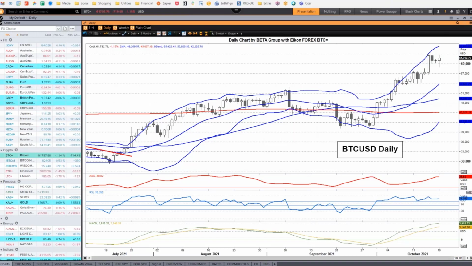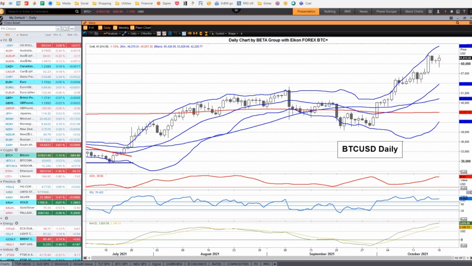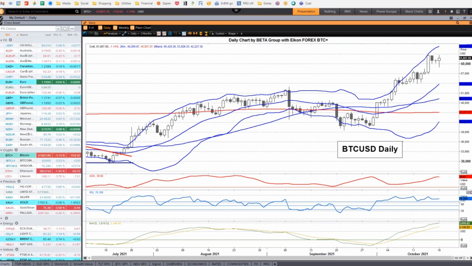The RSI is strong, the MACD is strong. It's strong, and I think it's already about to fly, actually. The headline will come with the break of the all-time high, but actually the all-time high was made so briefly that I think it isn't really significant resistance.